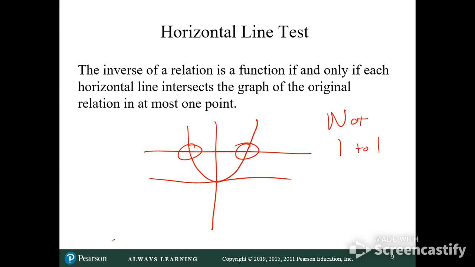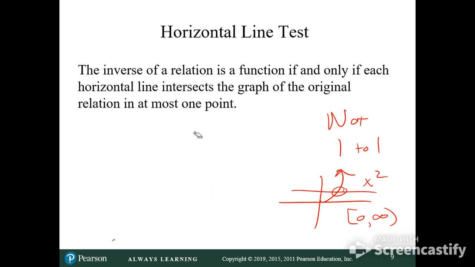Now, if we limit the domain of x squared to 0 to infinity, then it passes the horizontal line test. Then it is a one-to-one function where it does have an inverse. Every one of these points has an inverse.